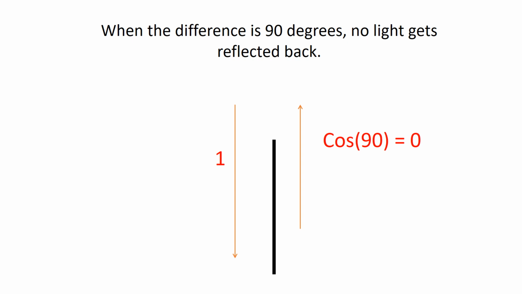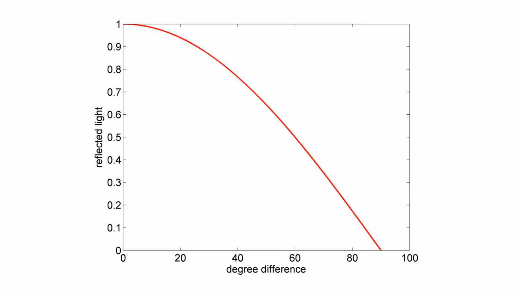It's perpendicular to the sun's rays. This is a graph showing how that falls off as the slope gets steeper. So if 1 is the total amount of light, then you can see that the reflected light diminishes and diminishes and diminishes until you get to 90 degrees.